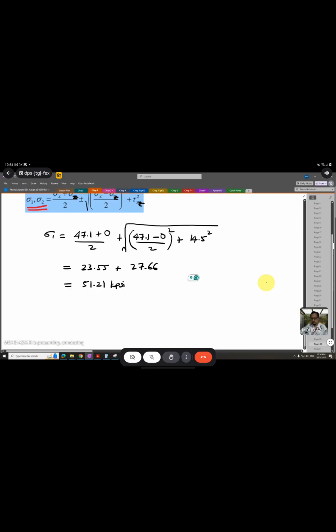Is it correct? I think it's correct. Good. 51.21. KPSI. Betul.